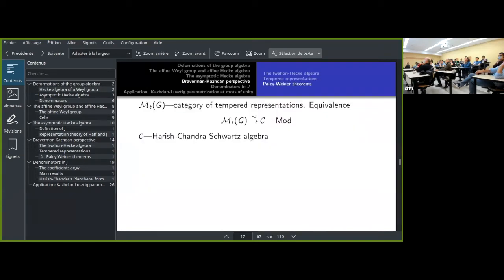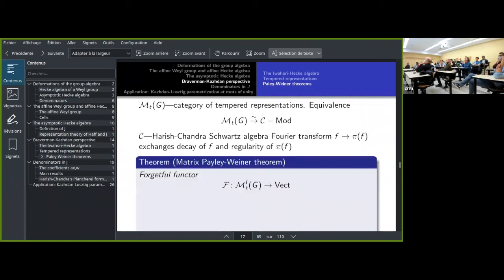Just like the affine Hecke algebra had modules that were equivalent to a big category of representations, the tempered representations are also modules over some analytically defined algebra. Because the space that they're realized on is independent of the character, you can ask how to characterize various functions based on how regular their Fourier transforms are in the character.